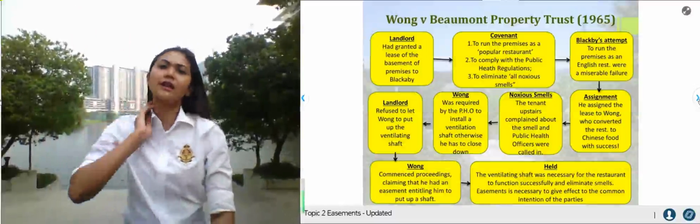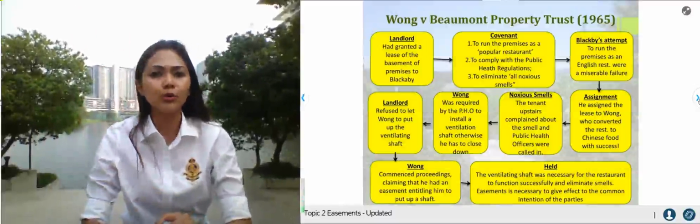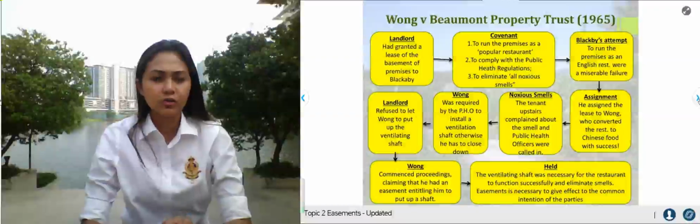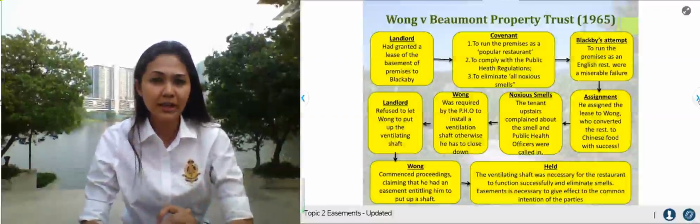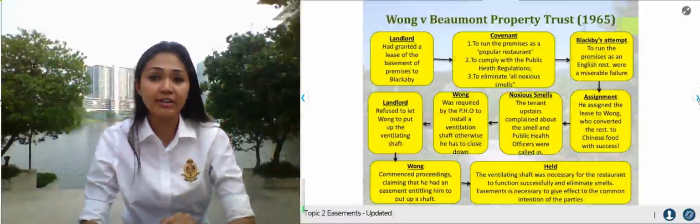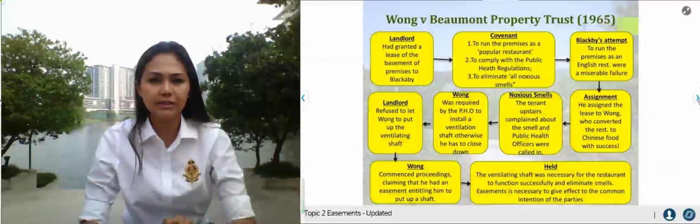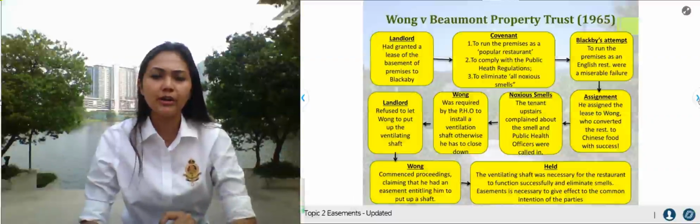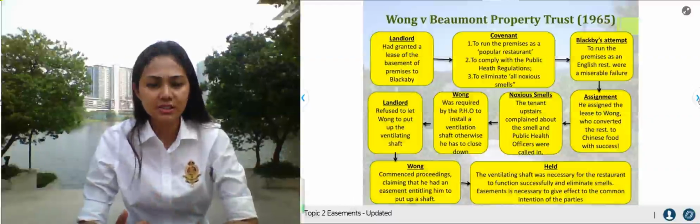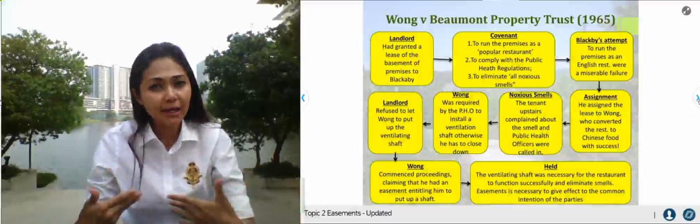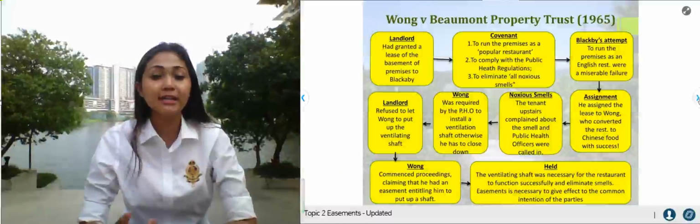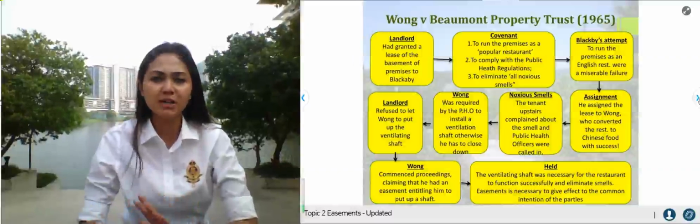But the thing is, the landlord refused to allow Wong to put in the ventilation shaft. So Wong proceeded with legal proceedings. He claimed that he has an easement because without this easement, he would be breaching the covenants, all three covenants in the initial agreement. So the court held that the ventilation shaft was necessary, even though it wasn't stipulated in a deed, but the court can imply it, or it is capable of forming the subject matter of a requirement.